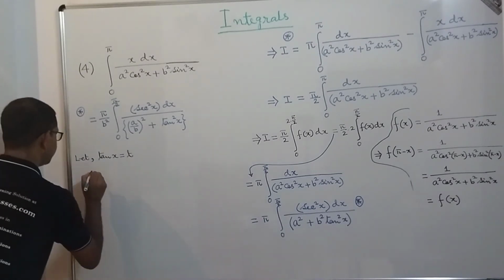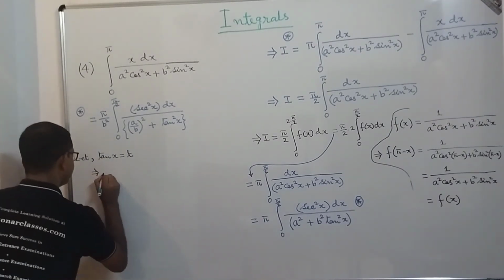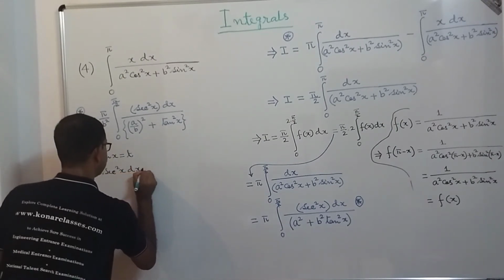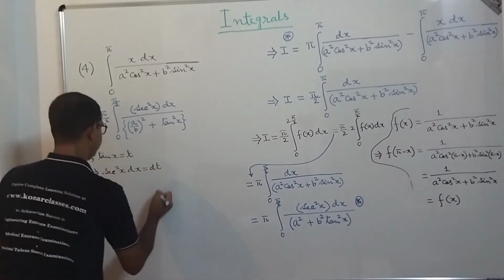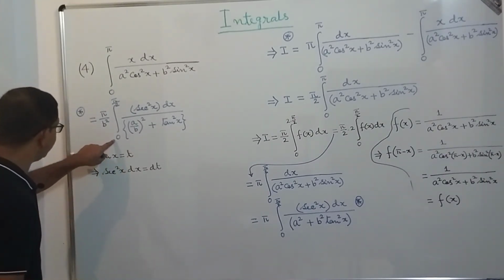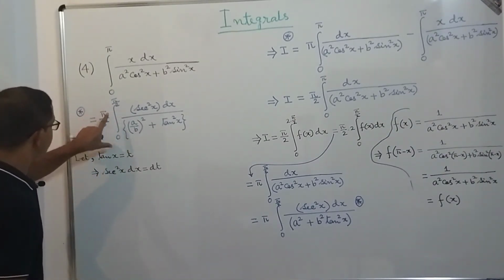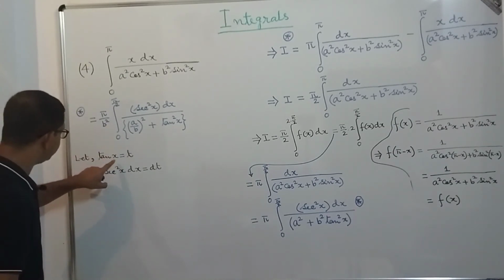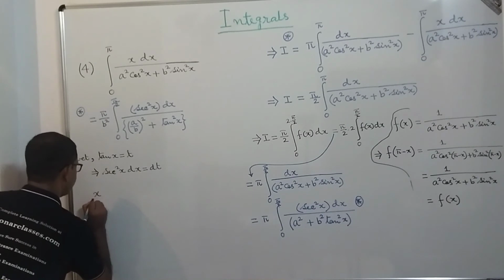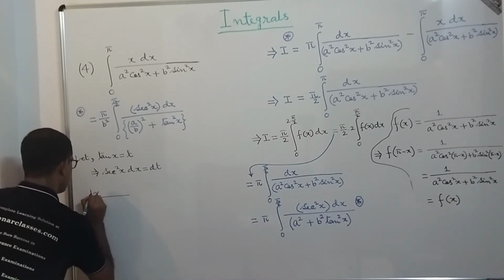That means sec square x dx is equal to dt. And now we need to change the limit also. Here the limit is on the variable x, 0 to pi by 2. So we need to change that limit from the variable x to variable t.